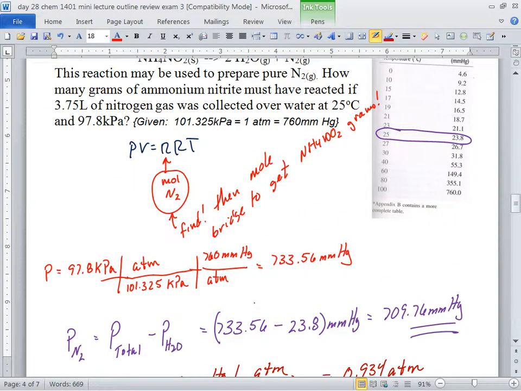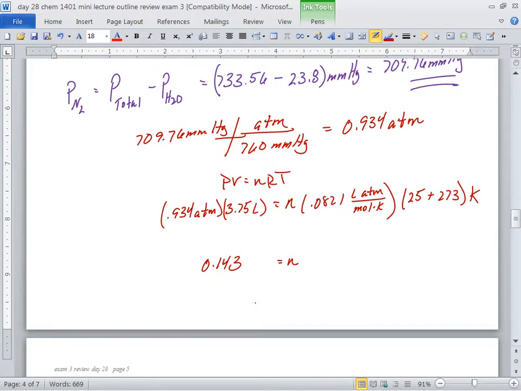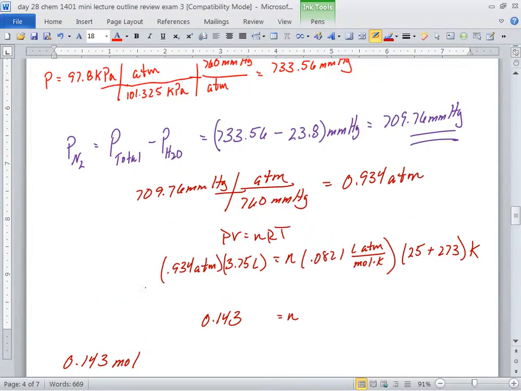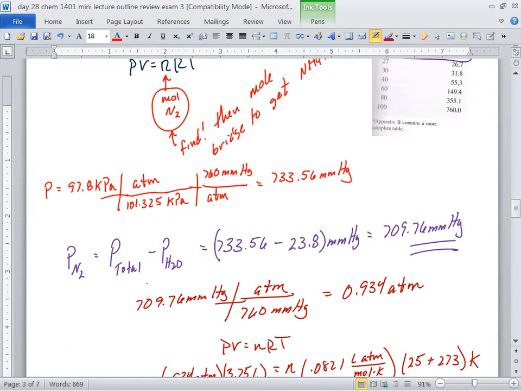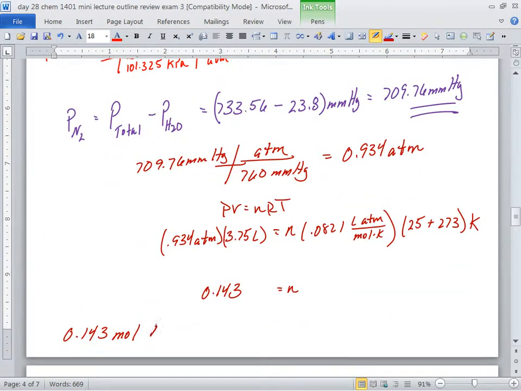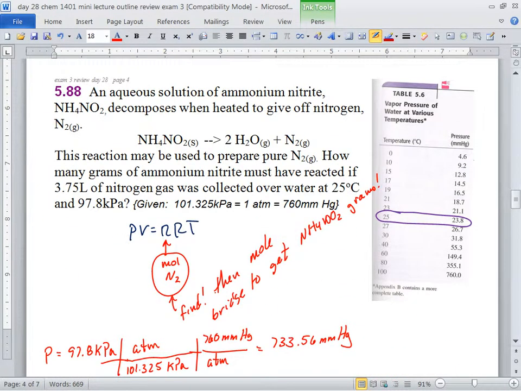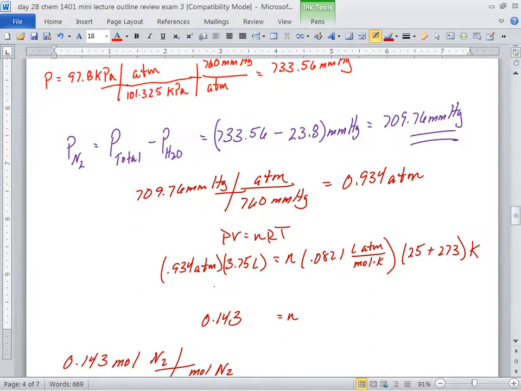You wanted to know, I get 0.143 for the n. Yes. Is that what you got? Yeah, exactly. Okay, good. My n answer was 9 point something. 9.4, I think. So that was moles of N2. I want mole bridge. There's one of them, it's 1-to-1.